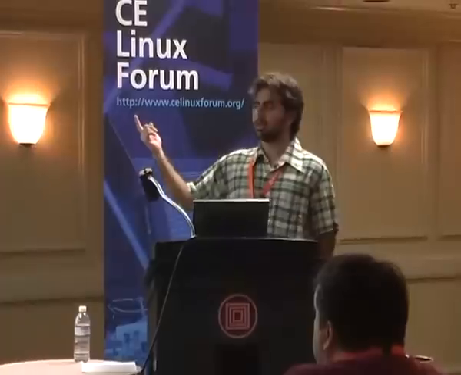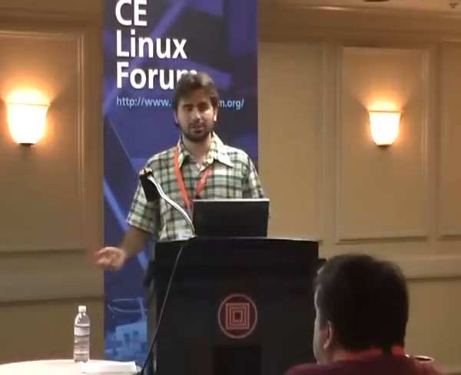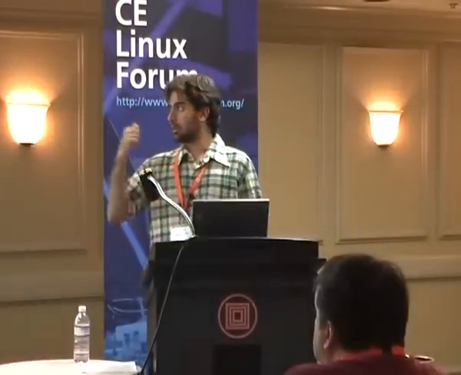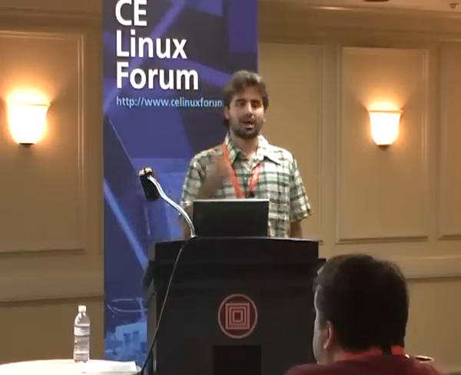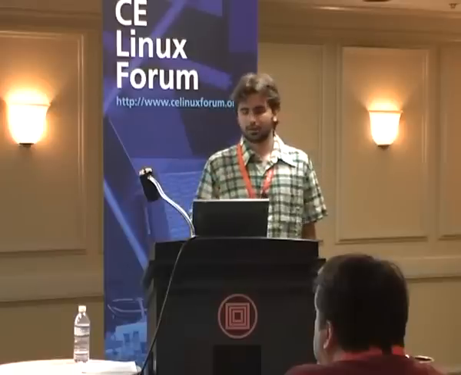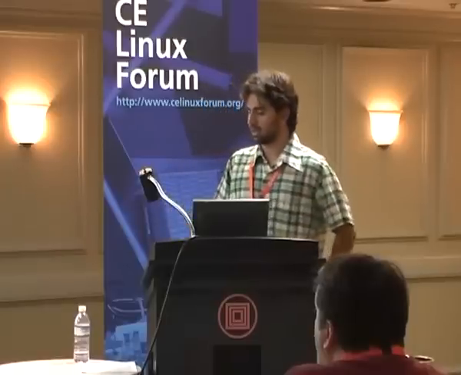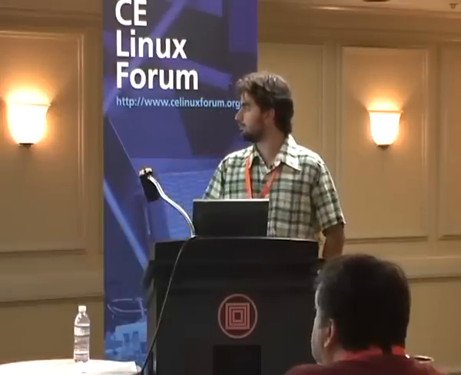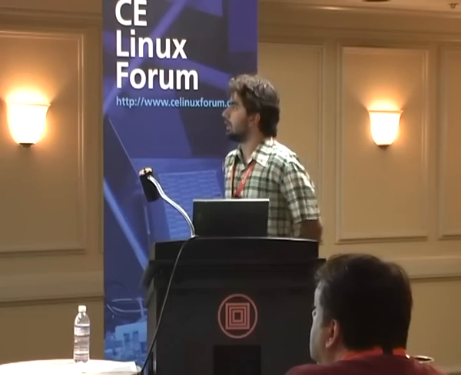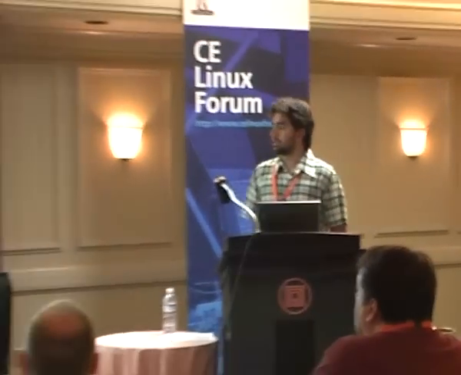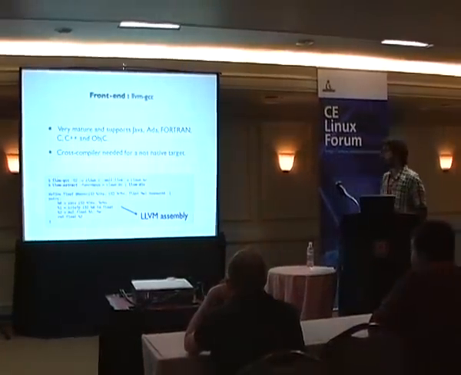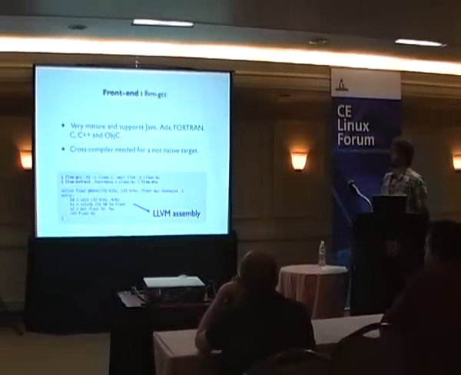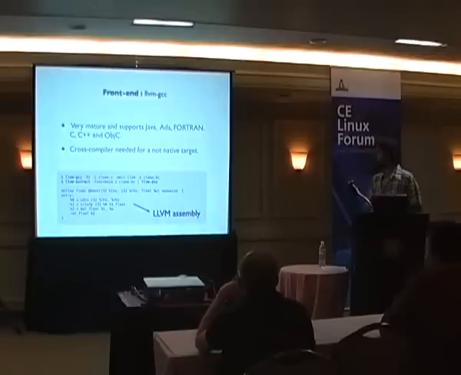So when you execute LLVM GCC, after generic, we have LLVM, and LLVM is directly dumped to the disk in the form of bytecodes, or bitcodes as we use. It's good for us because GCC has very mature front ends like Java, Ada, Fortran, C, C++, and Objective-C.